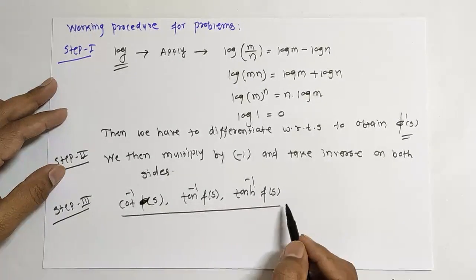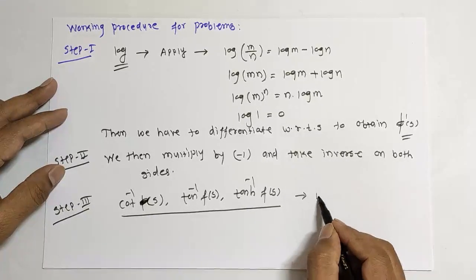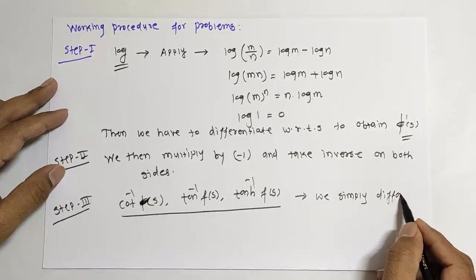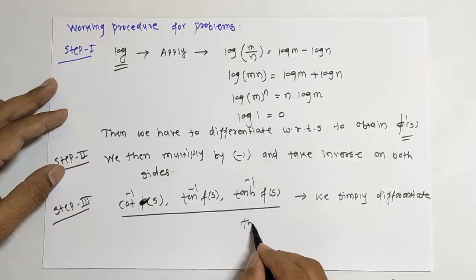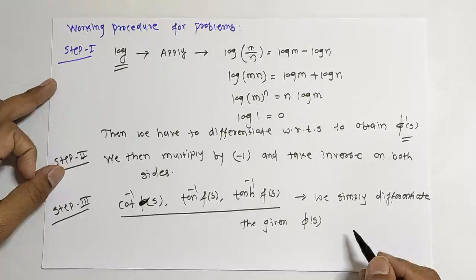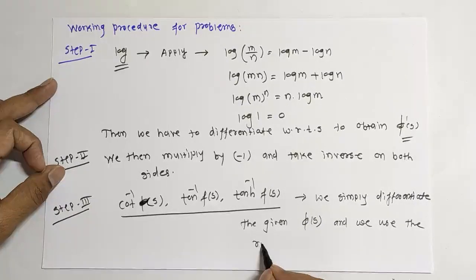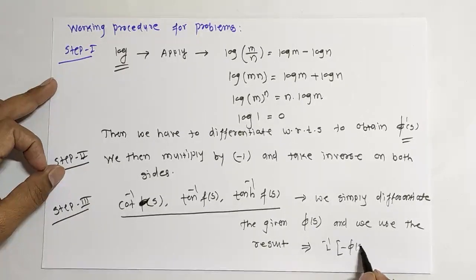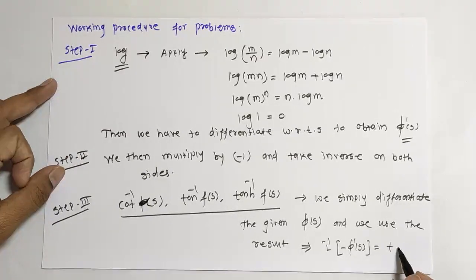If these types of functions are there, then we simply differentiate the given phi of s and we use the result L inverse of minus phi dash of s is equal to t into f of t.